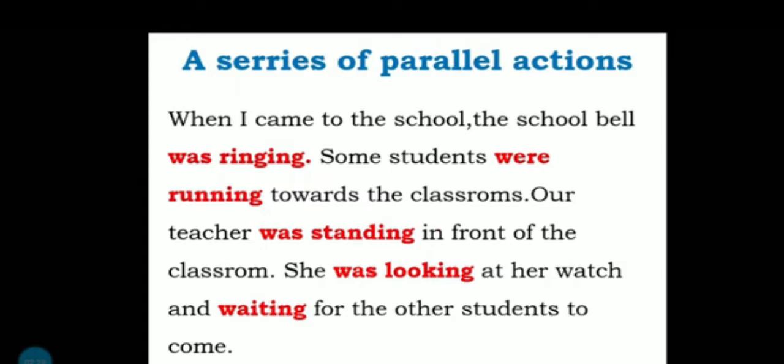For example, when I came to the school, the bell was ringing. Some students were running towards the classrooms. Our teacher was standing in front of the classroom. She was looking at her watch and waiting for the other students to come.